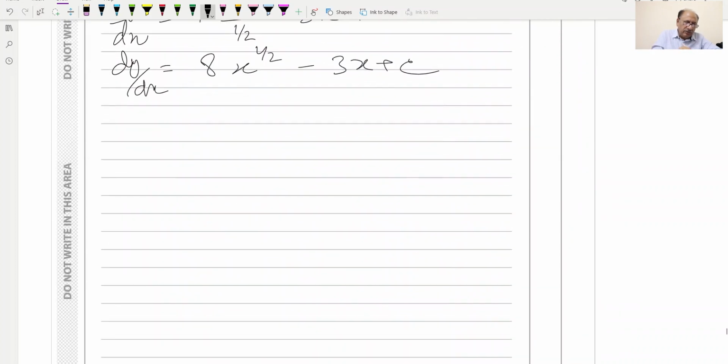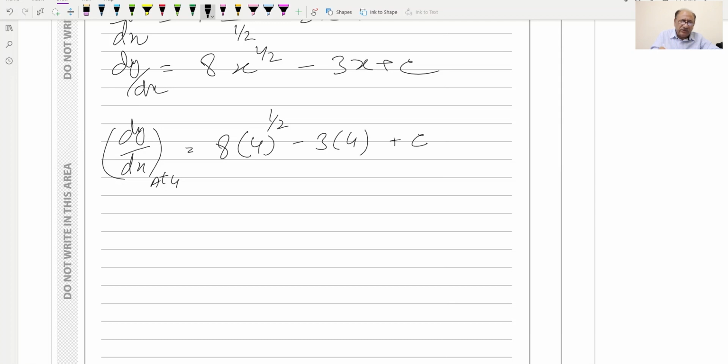So dy by dx at 4 will be equal to 8 into 4 raised to 1 by 2 minus 3 into 4 plus c, and we know this is equal to 5, so we can equate it to 5.